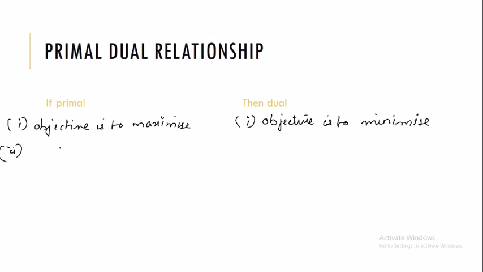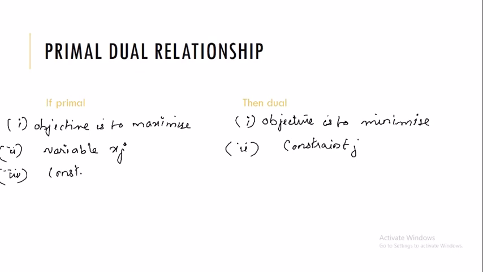Fine. Now if in primal the variable is xj, here in the dual the constraint is j. Now here if the constraint is i, then here the variable is yi.